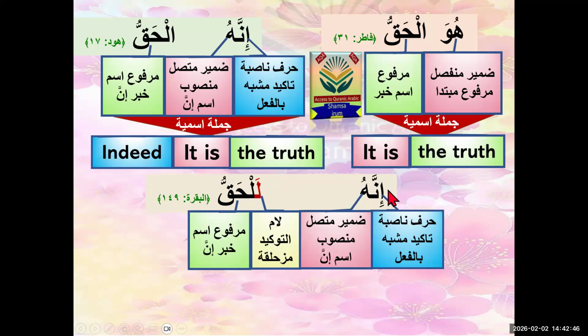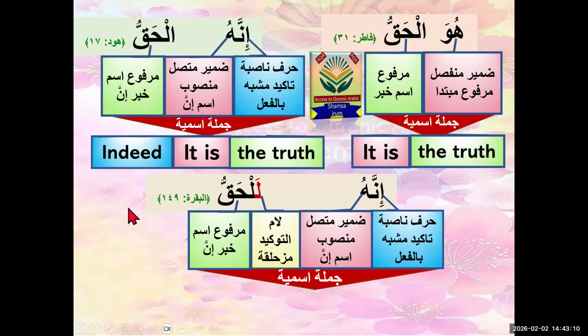This inna is also a particle of tauqeed, and this lam is also a particle of tauqeed. They both create emphasis in jumla ismiya, so there is a double emphasis in jumla ismiya. The translation here was, indeed it is the truth.